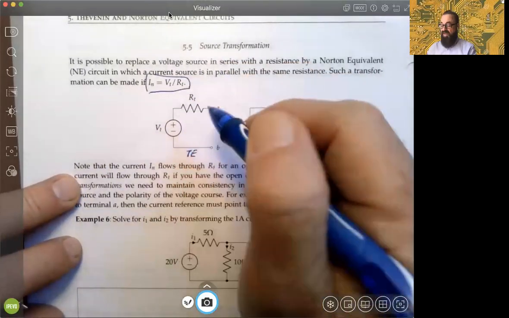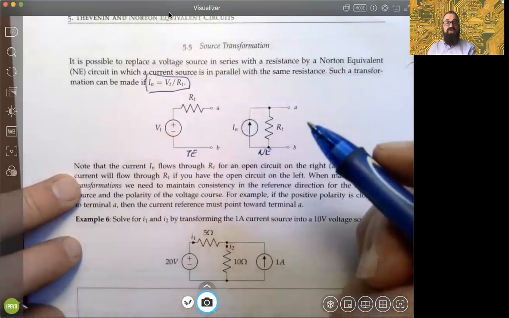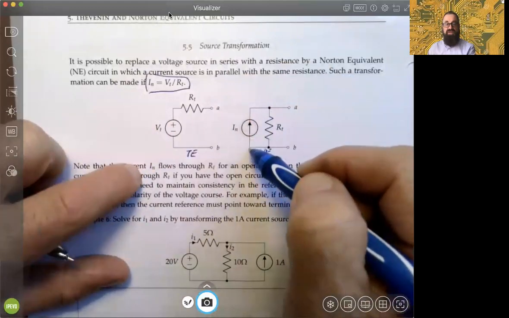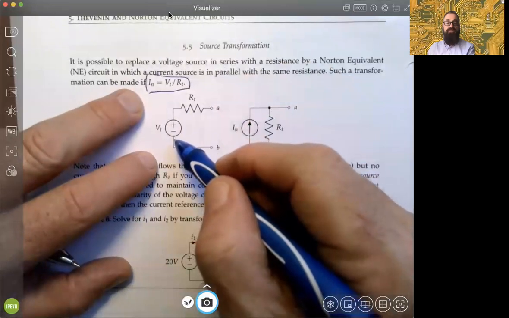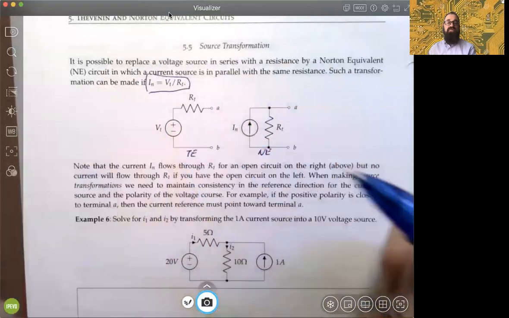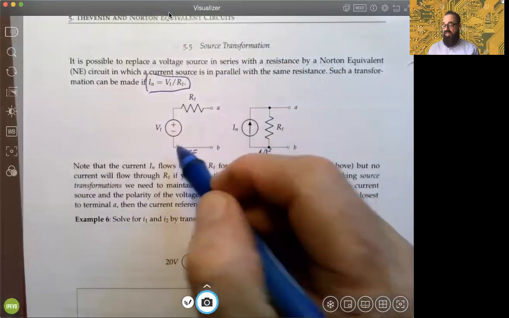And again, notice that when you're in series, this resistance is connected to the positive pole of the voltage, and the current direction here is always going to match the ordering of the polarity of the voltage. It's very important to make sure that if you have plus minus like this, the arrow goes up.